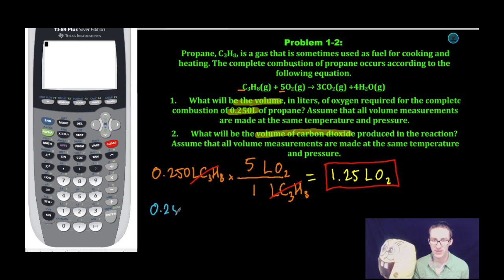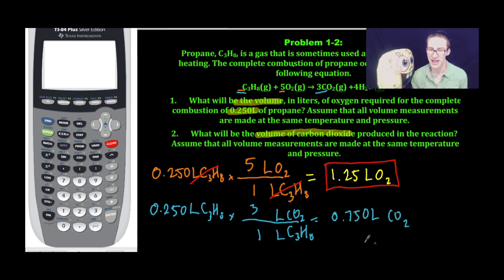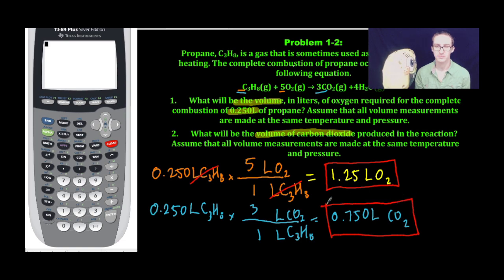Again, because we're making that assumption that volume measurements are made at the same temperature and pressure, we can start with our original amount of propane, except this time compare it to carbon dioxide. The relationship between these two is a 3-to-1 relationship, so I would expect to make only 0.750 liters of carbon dioxide gas. Box in my final answer, boom, and we're done.